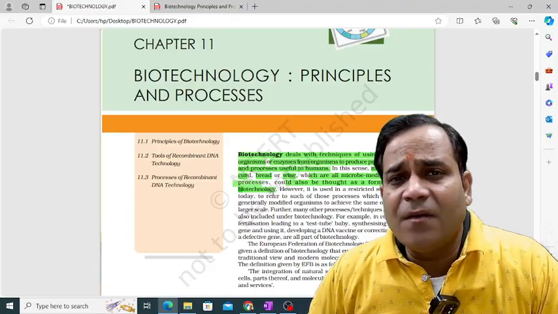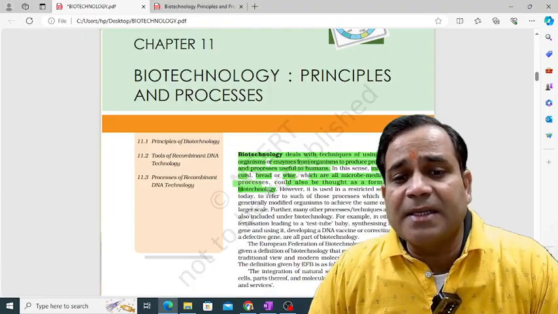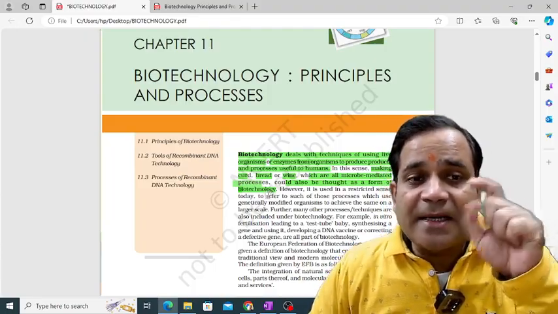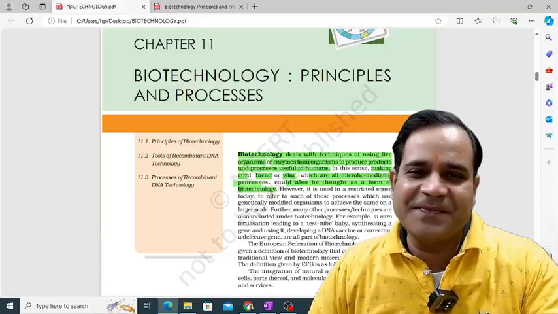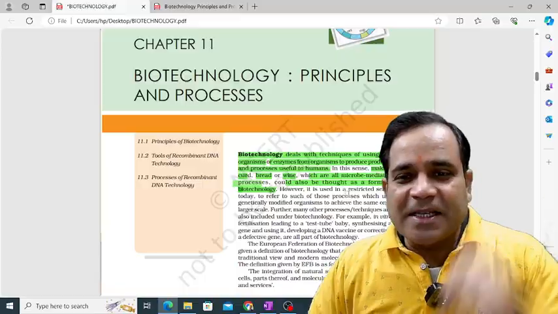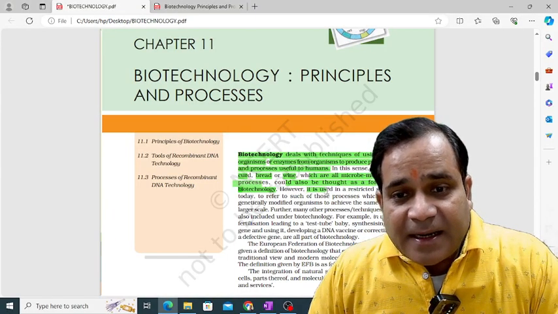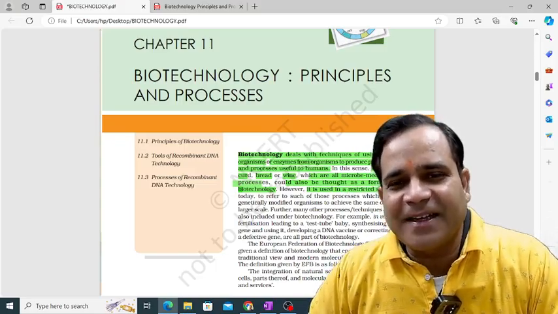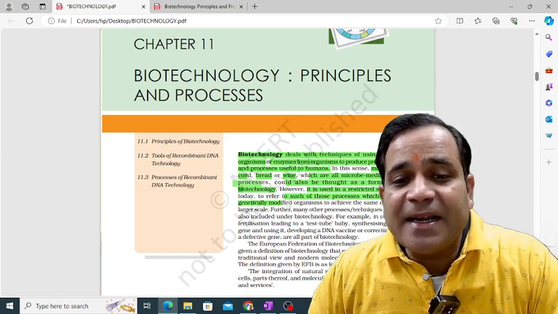What a fantastic thing, that it is important to understand, because it means that in everyday practical life there is biotechnology. See what NCERT has written: it is used in a restricted sense today, to refer to such processes which use genetically modified organisms.